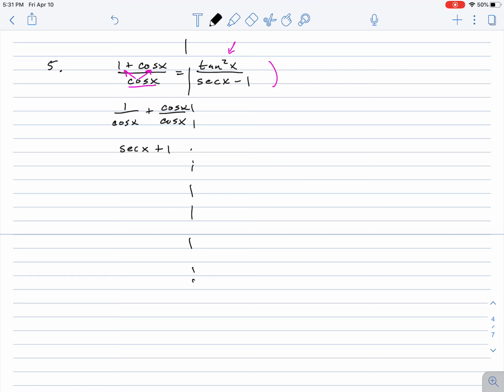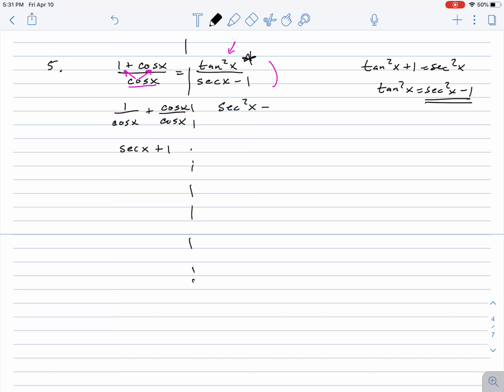My Pythagorean theorem, just to remember for tangent, is tangent squared plus 1 equals secant squared, which means that tangent squared is secant squared minus 1. So this is what I'm going to replace for my numerator on this right-hand side.